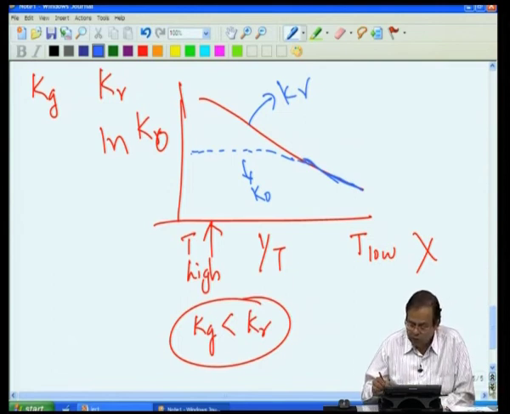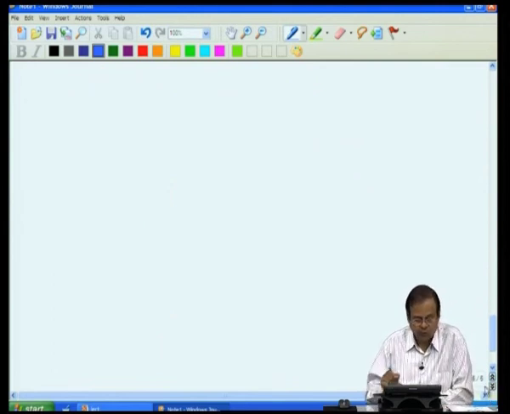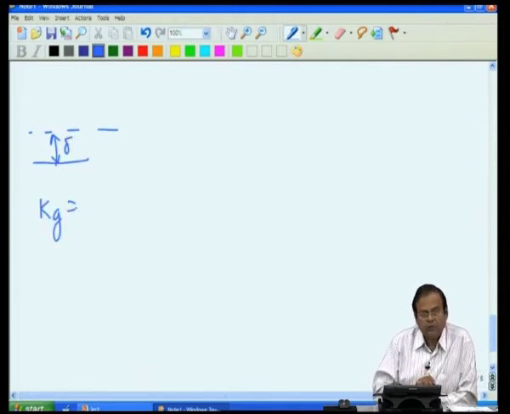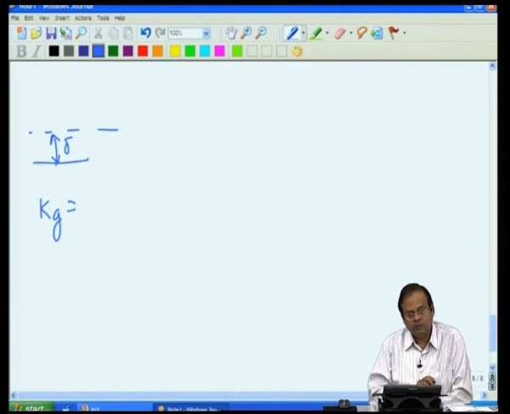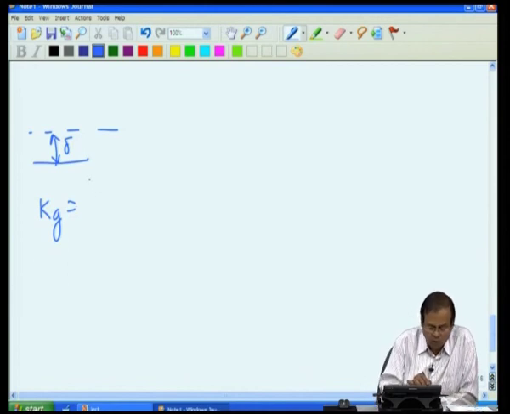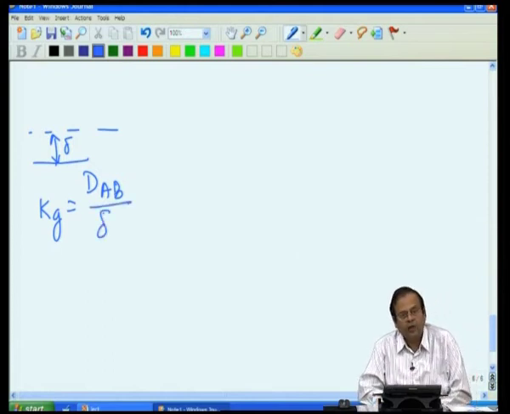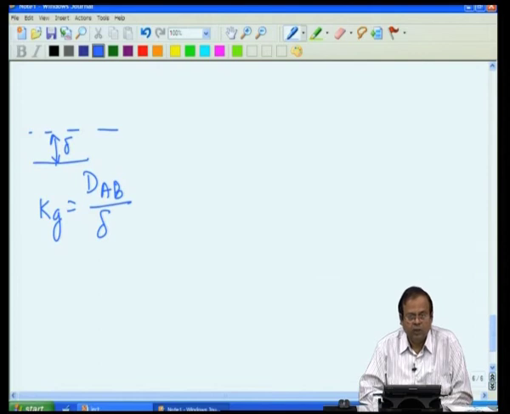Now, how do we get this mass transfer coefficient? Recall that we said this is a surface, this is my boundary layer, thickness delta. If we write the diffusion equation, we can show that it is nothing but the diffusion coefficient of A in the mixture AB divided by the thickness of the boundary layer.